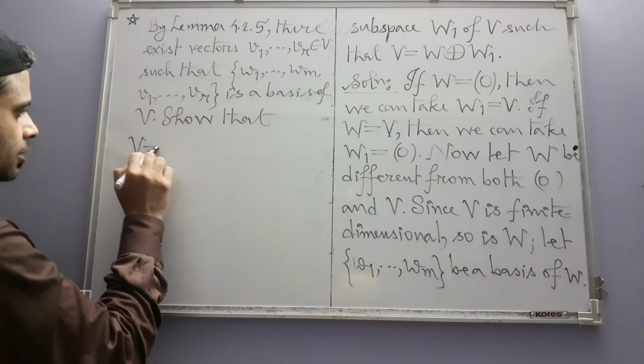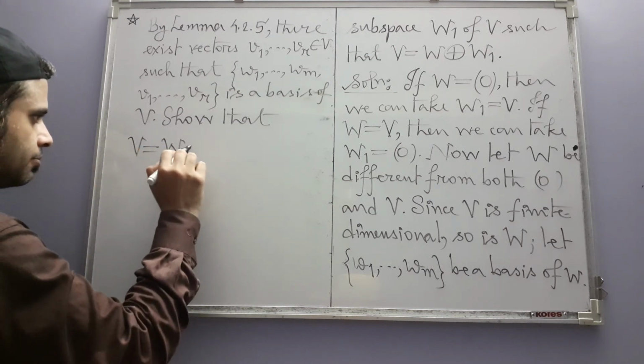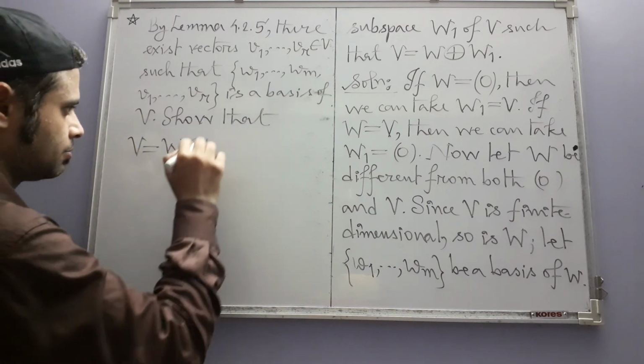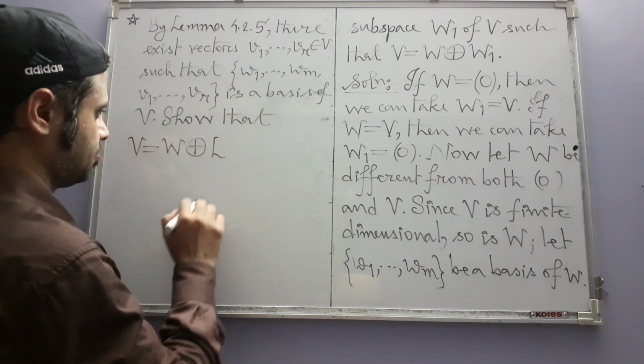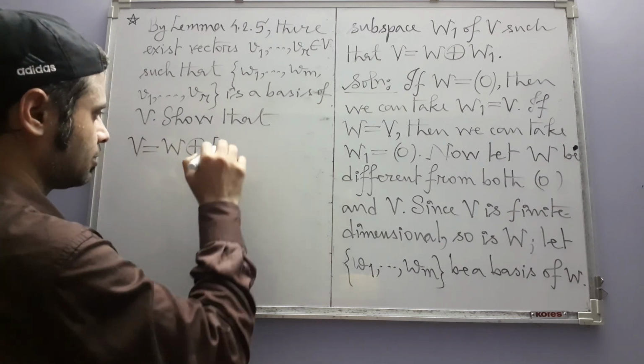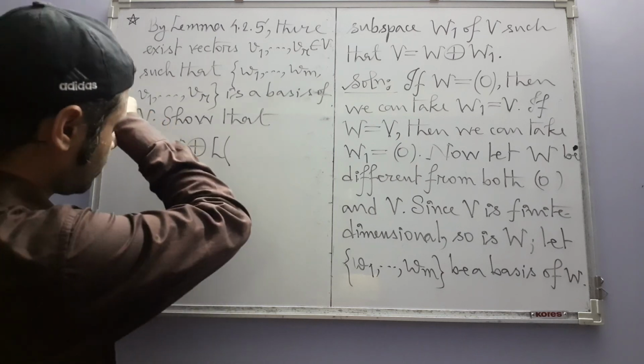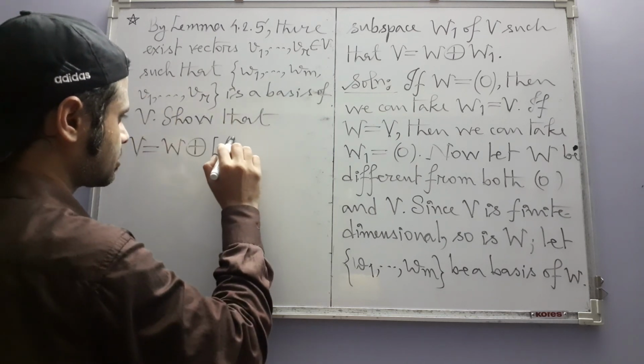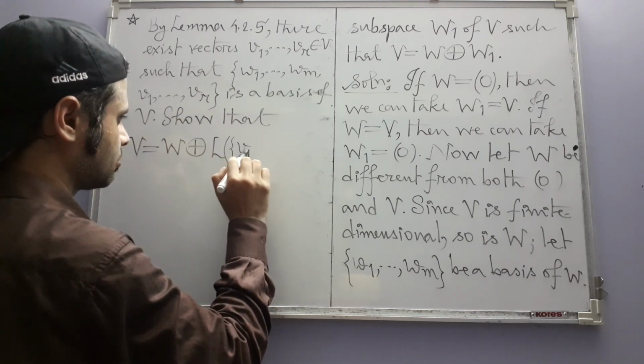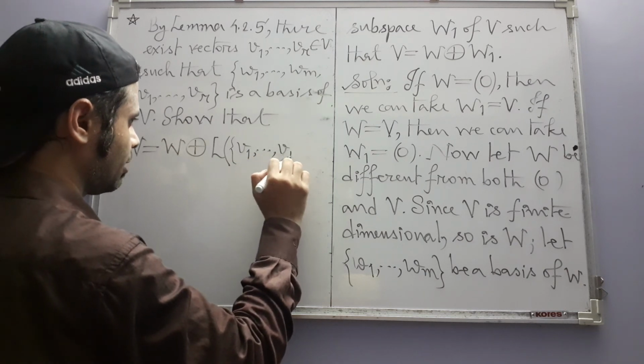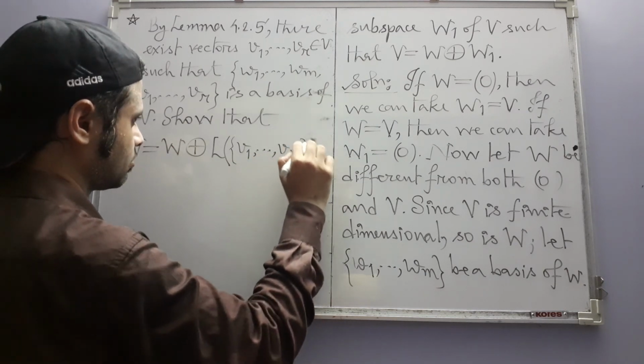V is the direct sum of W and this subspace. That means this will be our W1, the linear span of these extra vectors. You have to actually show this.